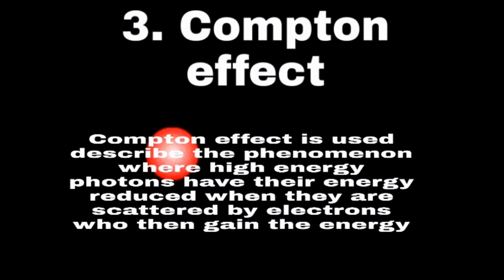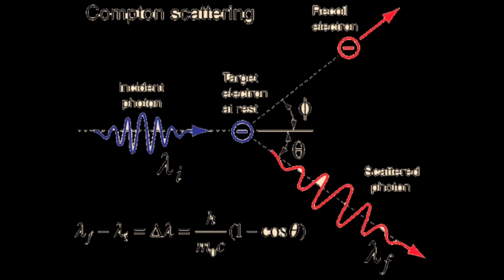He discovered that when high energy photons or other electromagnetic waves are scattered by electrons, their energy is reduced, and correspondingly their wavelength increases, while the energy of the electrons is increased. So this is what we call the Compton effect. It's another way of proving that waves have the nature of particles.